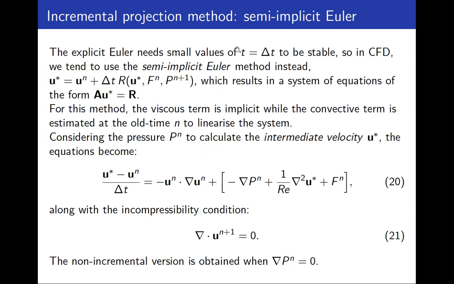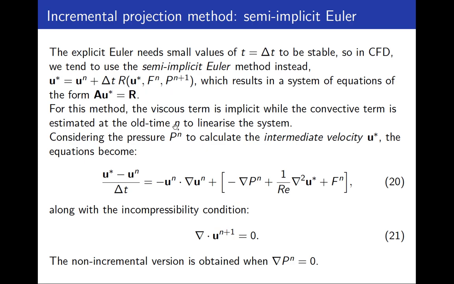Instead, in the semi-implicit Euler method, we will end up with a system of equations of the following matrix form, where A is a matrix of coefficients, U star is our vector of unknowns or variables, and the vector R is a vector of source terms or constants.